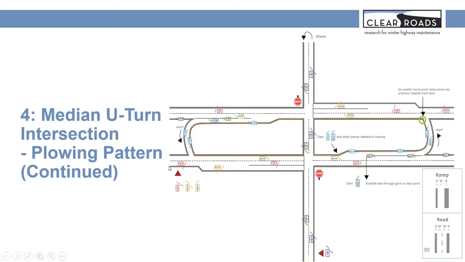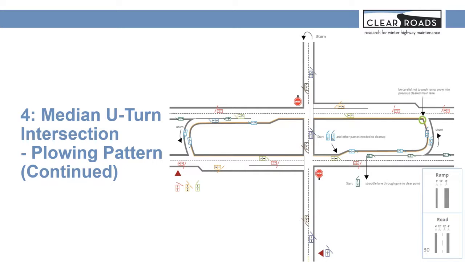So for pass 1, the truck starts here and uses the front one and the right one. So they clear the right through lane, go across the intersection and turn around to still clear the right through lane and cross the intersection, and come back to the same starting point and start the number 2 pass.